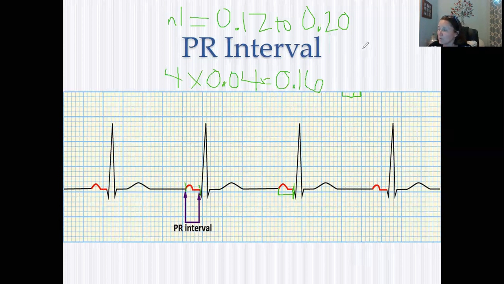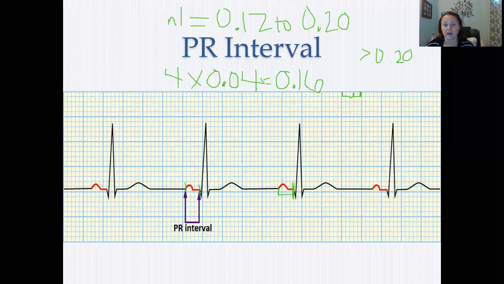If it was taking longer than 0.20, what would that mean? It means that there is some holdup and the electricity isn't flowing as quickly as it should from the SA node and then leaving the AV node. So there is a block somewhere in that pathway, something that's keeping it from going as fast through as it should.